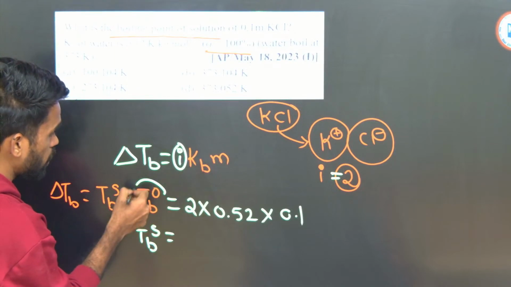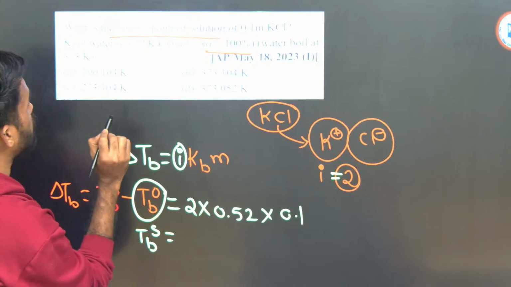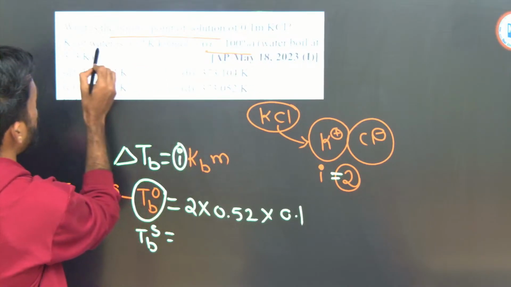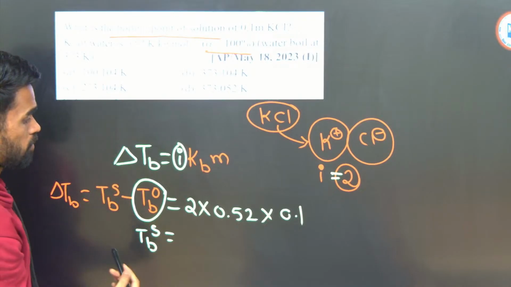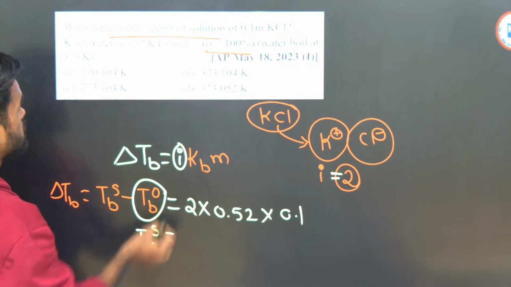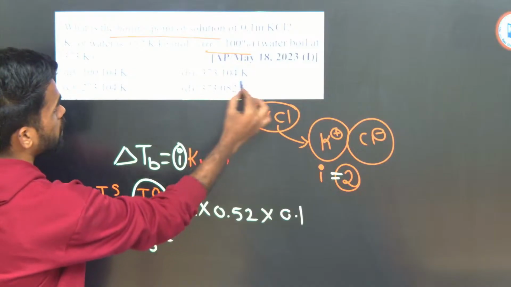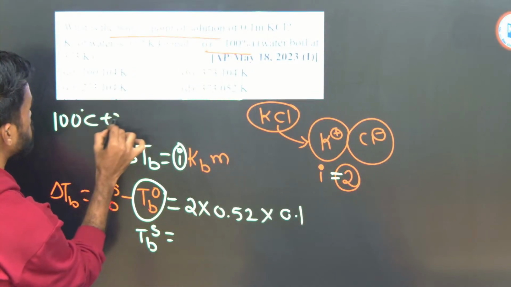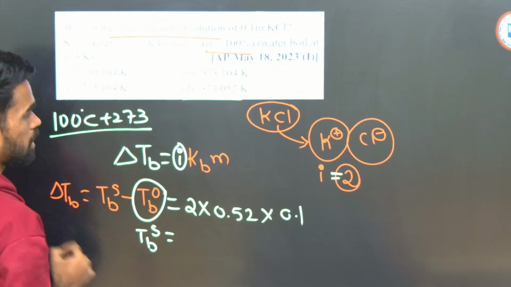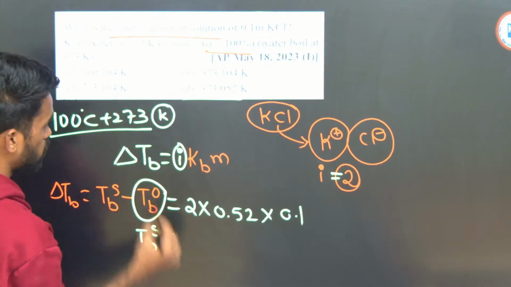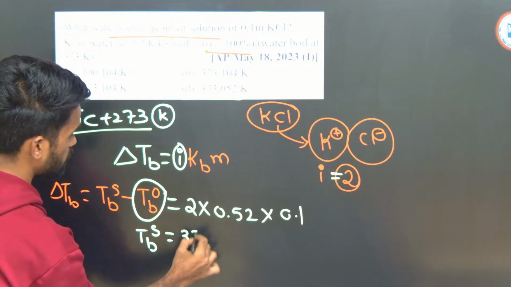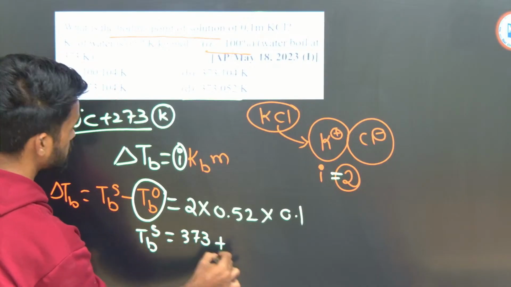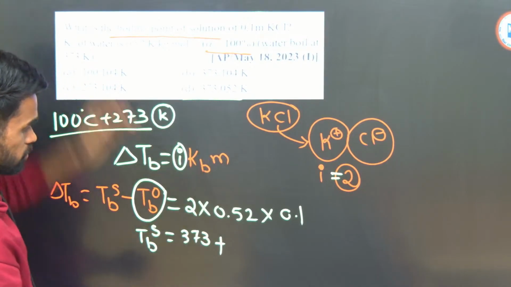The boiling point of the solvent: what is our solvent here? Water is the solvent. The boiling point of water is 100 degrees Celsius, and all of these are to be in Kelvin, so you can say 100 plus 273. This gives Kelvin. Temperature should be in Kelvin here. So what will be your answer? 373 plus this thing.